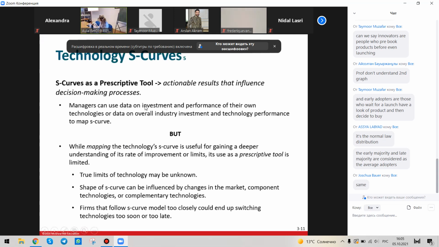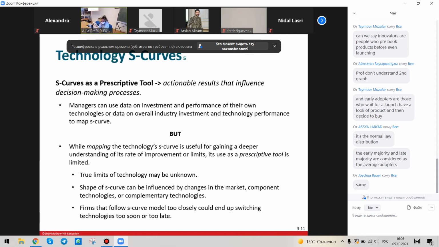Of course, the shape of the curve can be modified by the market, by innovation in the complementors, complementary technology or component technology. So we might have some shocks in the market that don't allow us to follow the traditional representation.